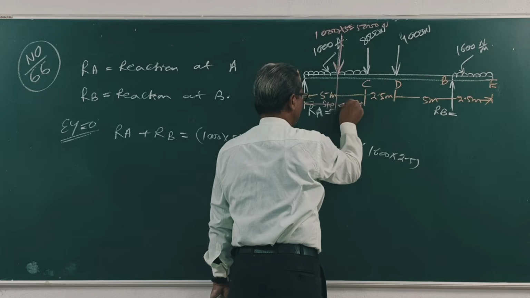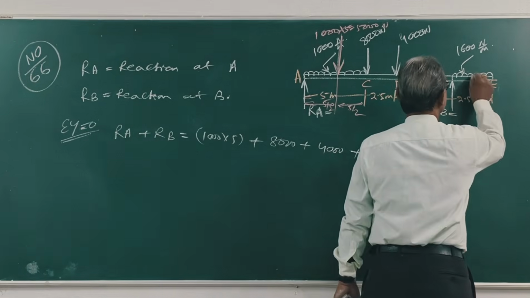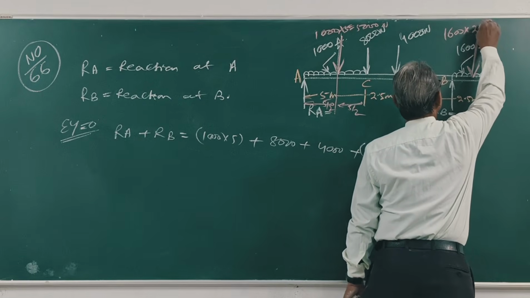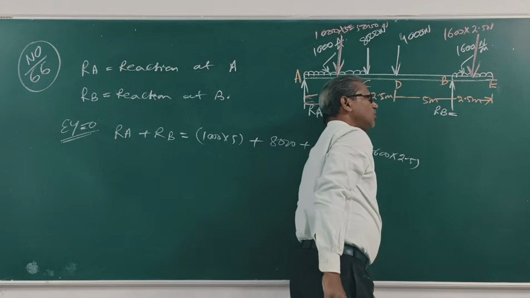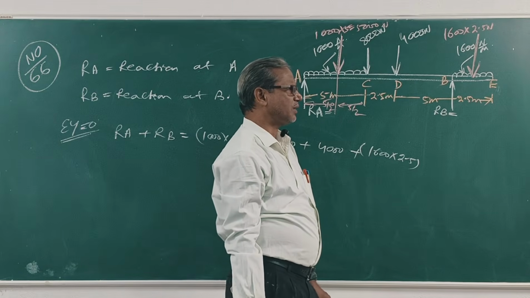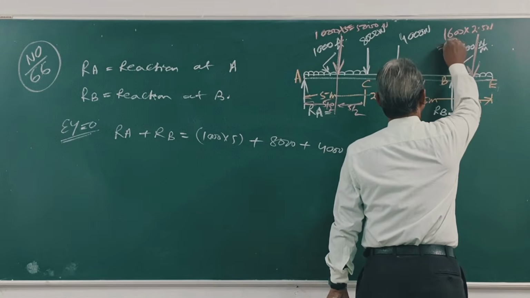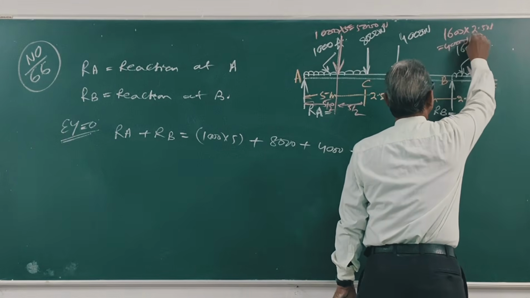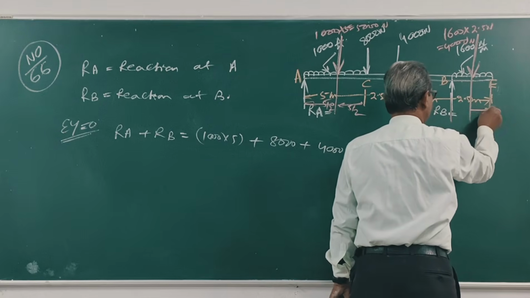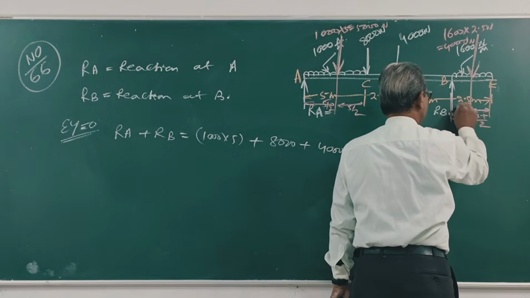This is 1600 into 2.5 Newton, the value is 4000 Newton. This is 2.5/2.